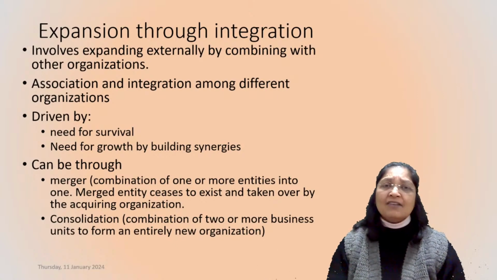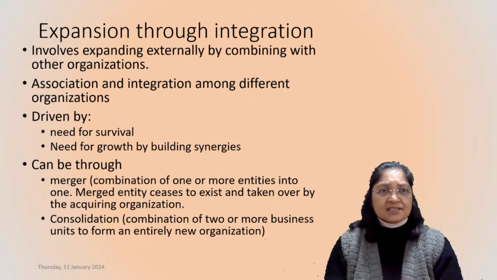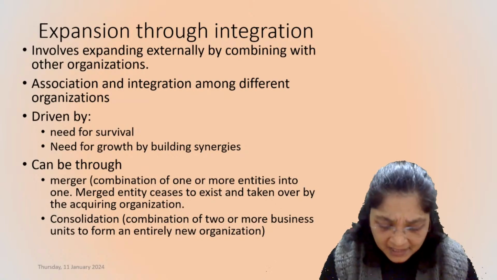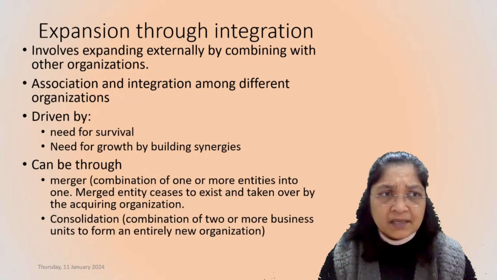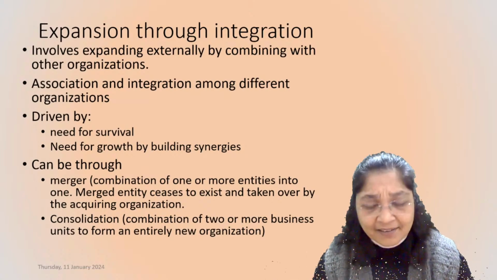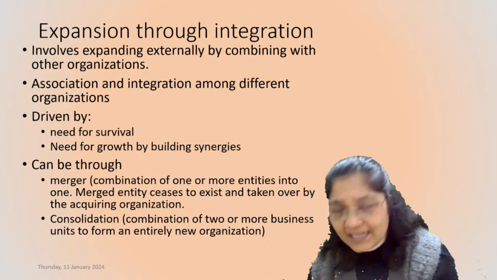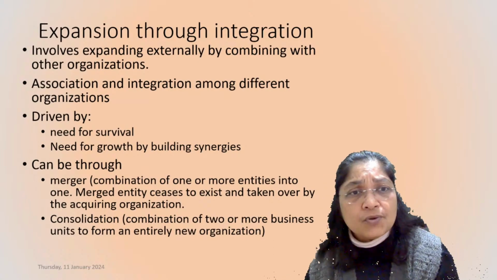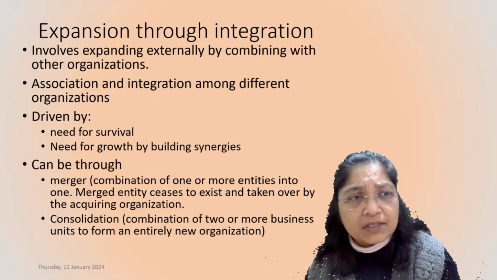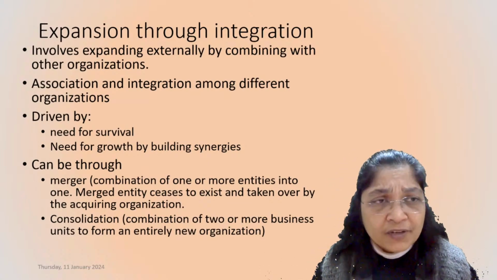So let's say there are three companies A, B, and C. Let's say B is the company, and to B, A is providing raw material, and once the product or goods are manufactured, C is handling its distribution network. So it could be possible that B decides that no, we need to expand.